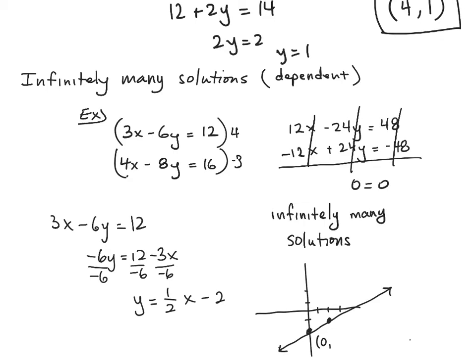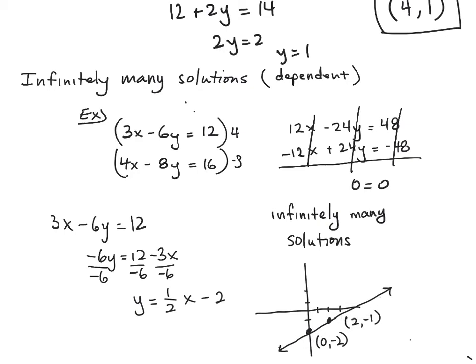That's our y-intercept. This point right here is the point (2, -1). So both of these would actually be solutions to this system of equations, and we could identify any point along this line.